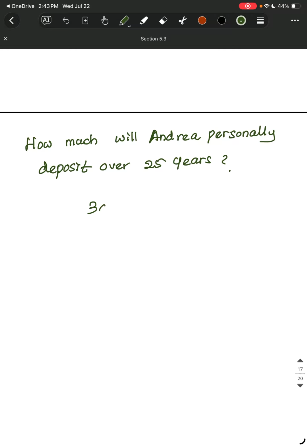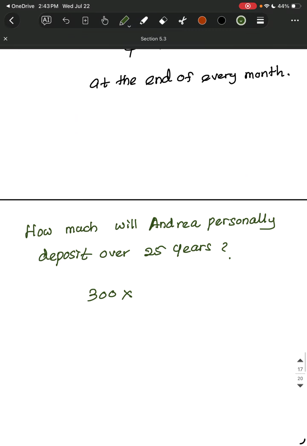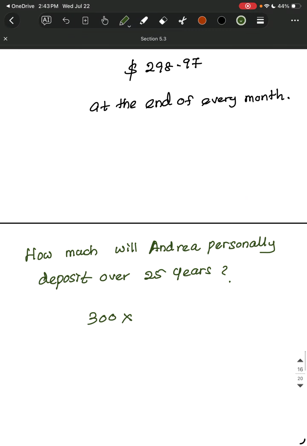So 300 times how much per month? There are 300 months, each month $298.97. That is $89,691. Right, correct. Please make sure to calculate using your calculator.